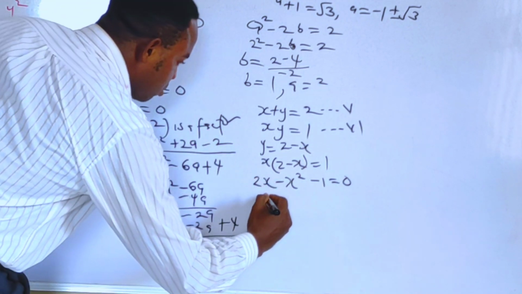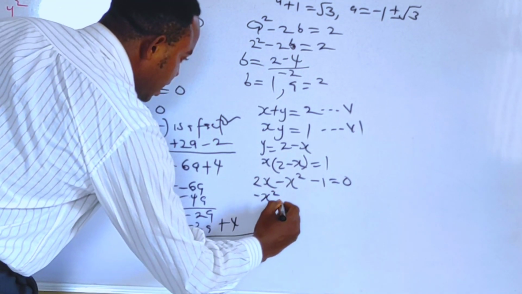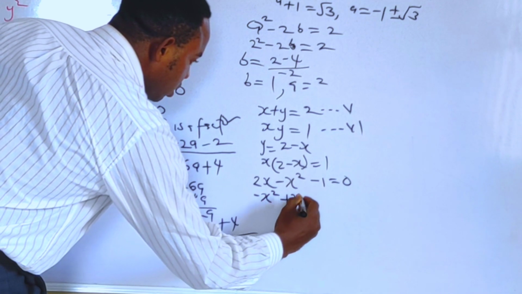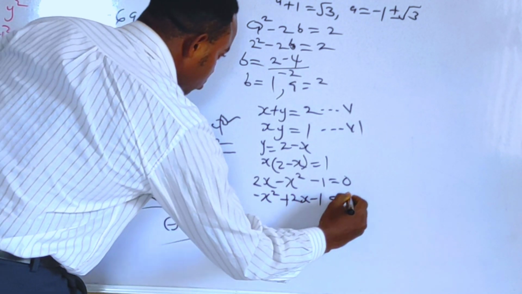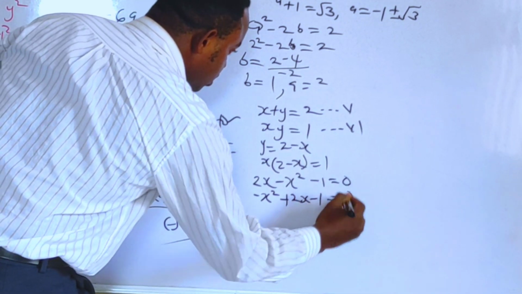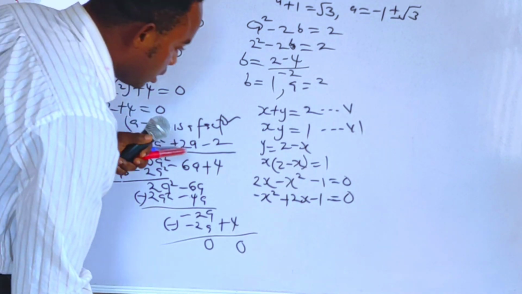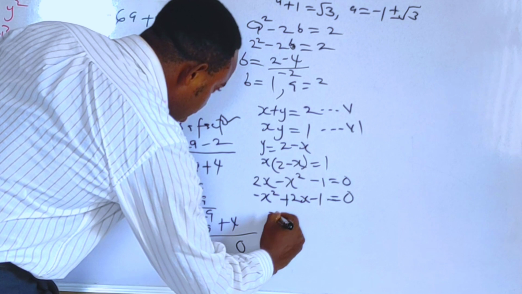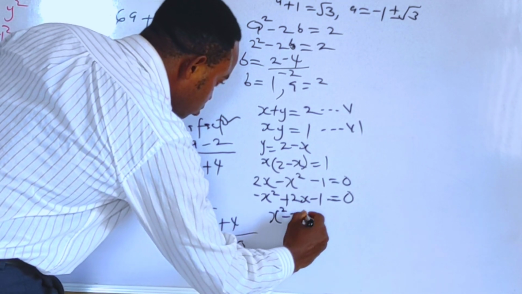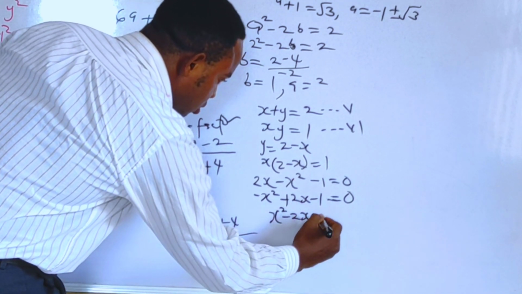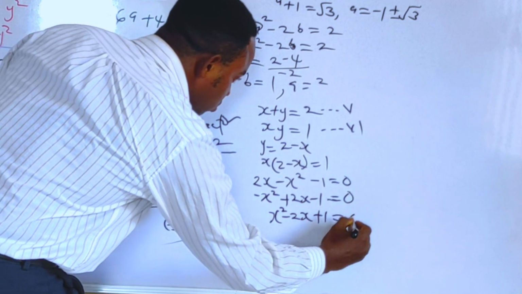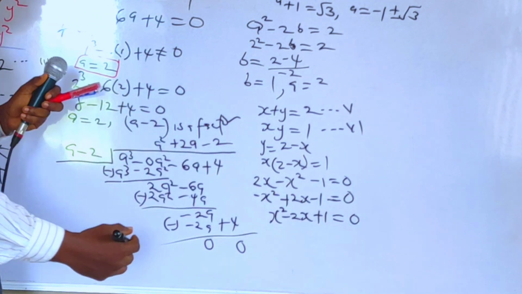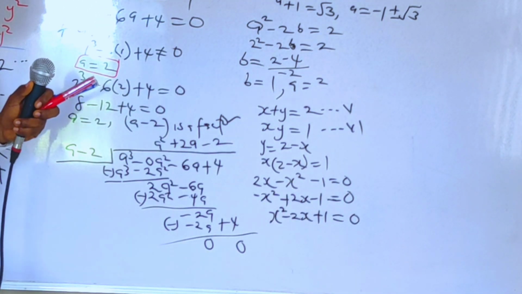If I write it properly, it is negative x squared plus 2x minus 1 equals 0. Okay, I should get rid of this negative here, and this becomes x raised to the power 2 minus 2x plus 1 equals 0 when I multiply both sides of the equation by negative 1.